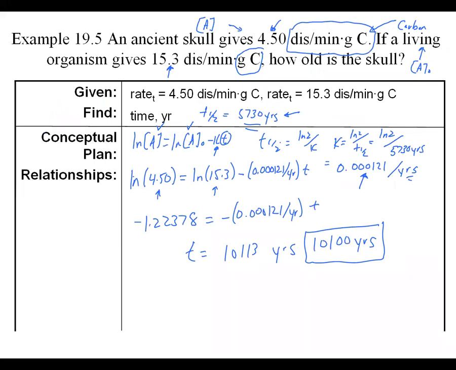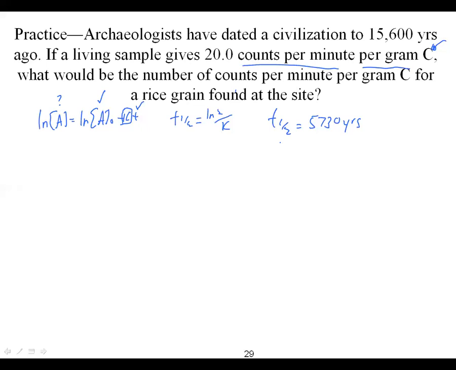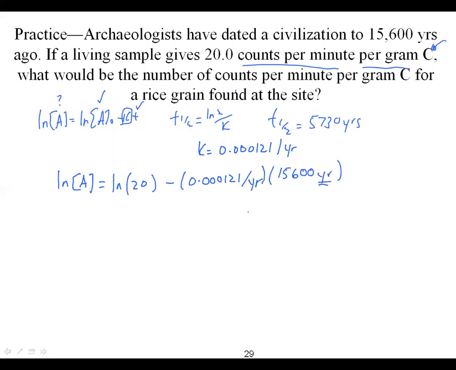So k in this case would be 0.000121 per year. That gives us the natural log of A, which is what we're looking for, equals the natural log of our living sample, 20 counts per minute, minus our decay constant times our time, which is 15,600. In terms of time and our decay constant, we're okay because the units are the same.